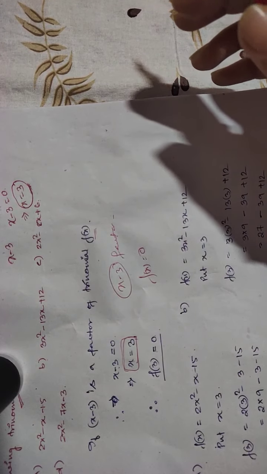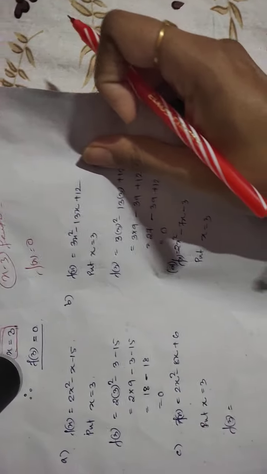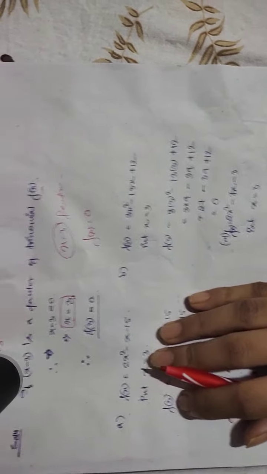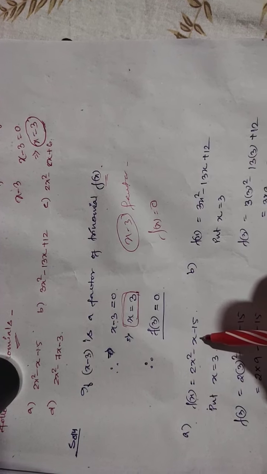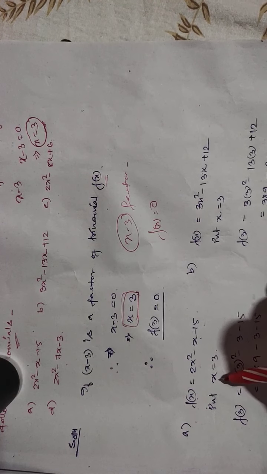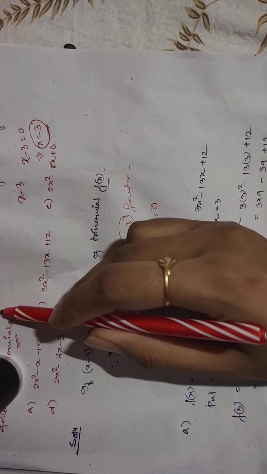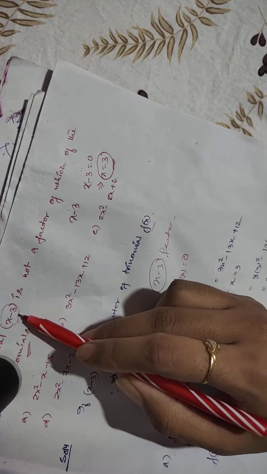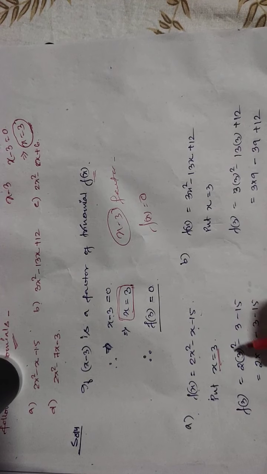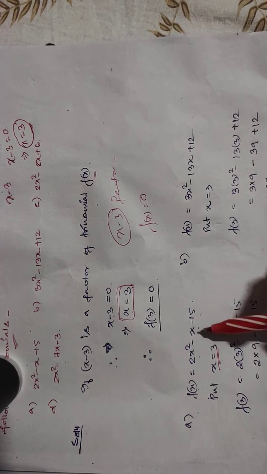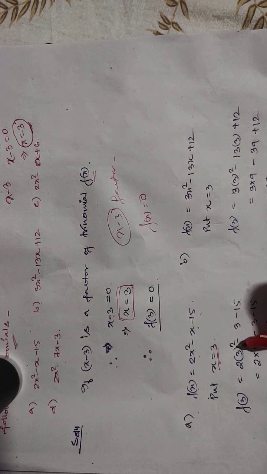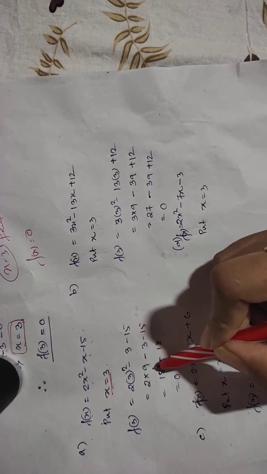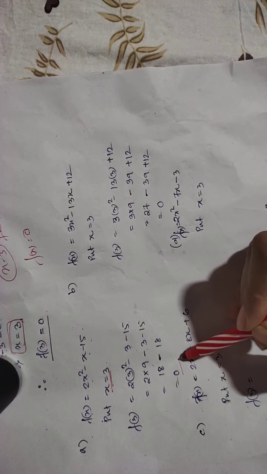If you don't get 0, that means it is not a factor. So let's try with option A. It is given f of x is 2x square minus x minus 15. Put x equal to 3, because in the question the factor given is x minus 3. So if you put x equal to 3 in place of x, 2 times 3 square minus 3 minus 15, 3 square is 9, 2 9s are 18, minus 3 minus 15, it is 0.